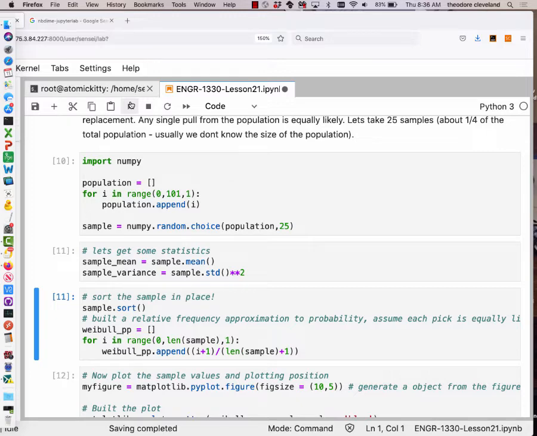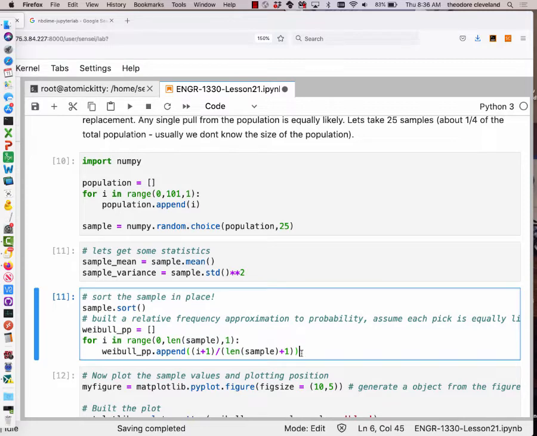Let's sort the sample in place, and now we're going to do something interesting. We're going to create a function called Weibull plotting position. If I took one ball out of the bucket, and that one ball represents 1/101th of the total content of the bucket, we could assign the probability of that ball 1 in 100.